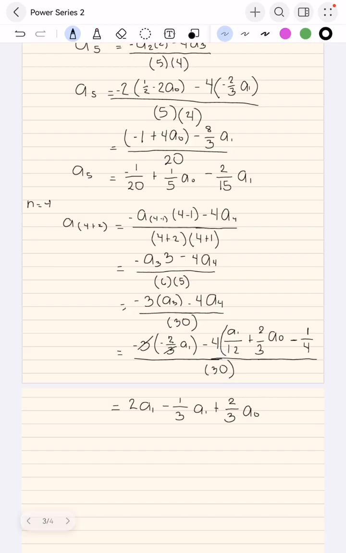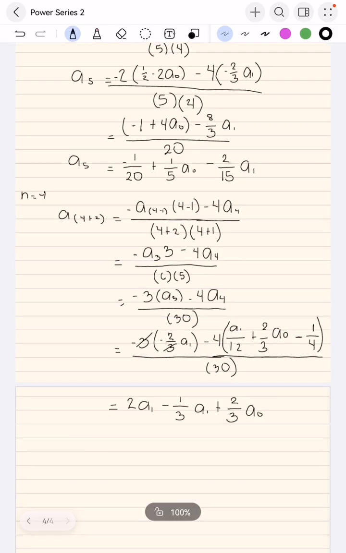Oh, okay, wait. This should be like this, right? So, this one. So, negative 4 times 2/3 is also 2/8. 3, 8.